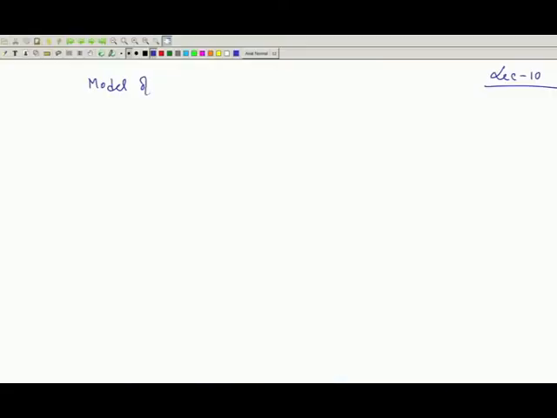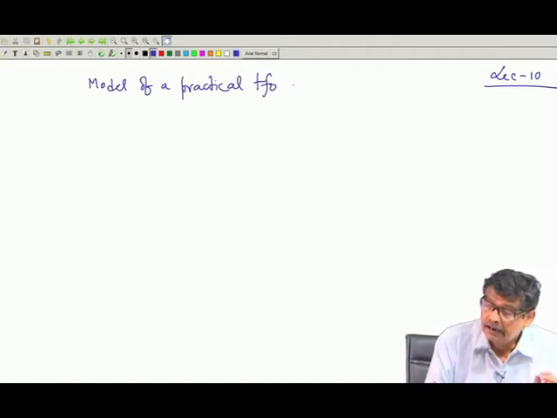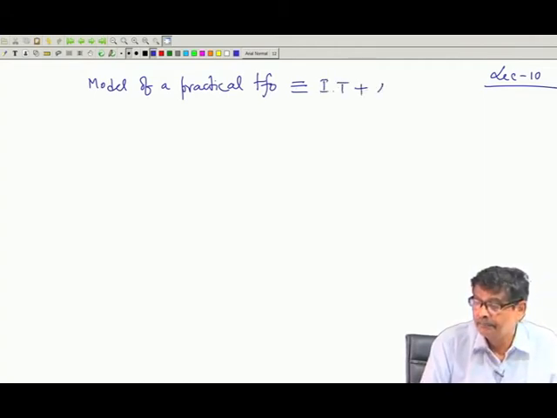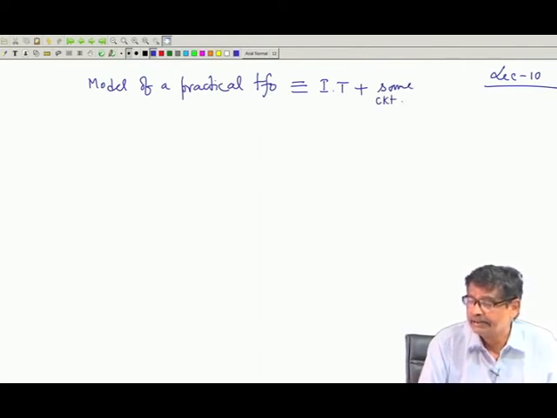We are trying to model a practical transformer as an ideal transformer plus some circuit elements. We are adding circuit elements.